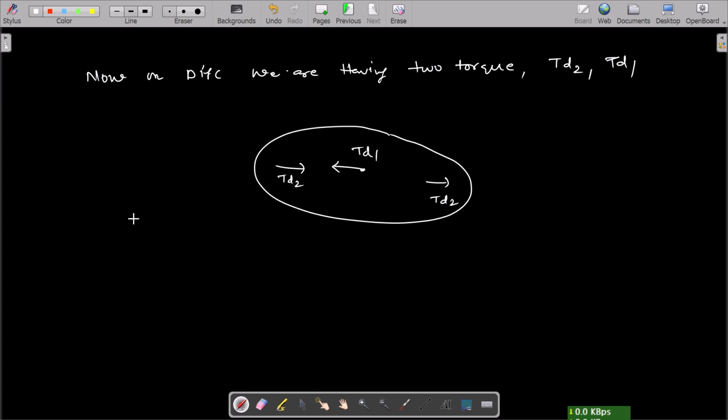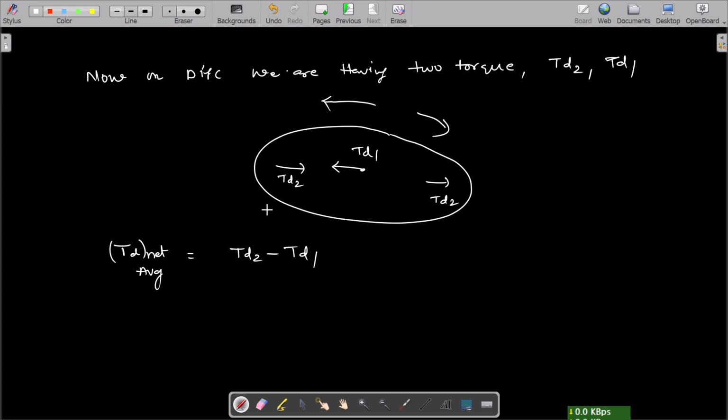Now the net average torque on the disk will be TD2 minus TD1. And the disk will rotate in the direction where the torque magnitude is more. If TD1 is more, then the disk will rotate in this direction. If TD2 is more, then the disk will rotate in this direction. Okay, that is a simple thing.